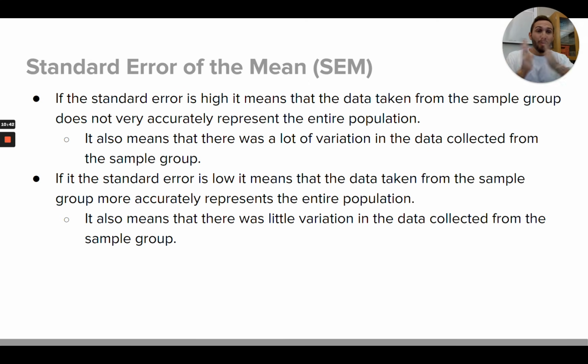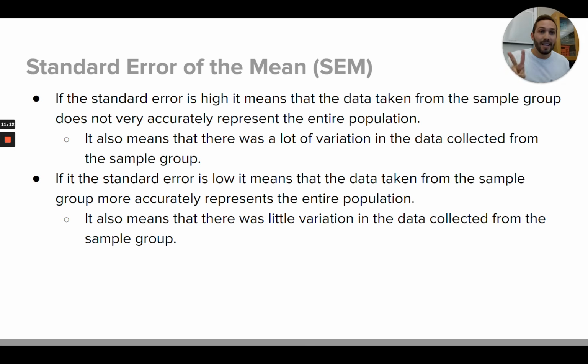Now, if you have a lower standard error, that generally means that the average you got from your sample probably is close to the real average for the population you were trying to understand. So it means that your sample probably is accurately representing the real population, and that your average is probably pretty close to the real average.